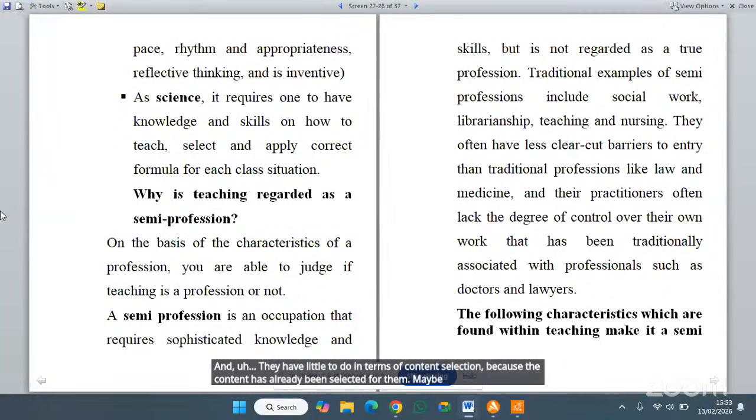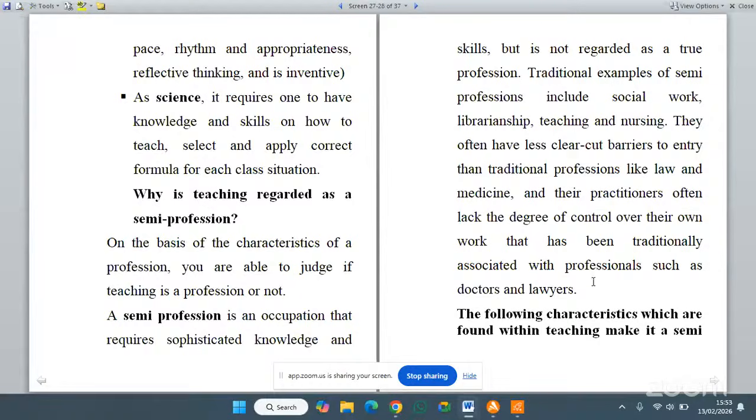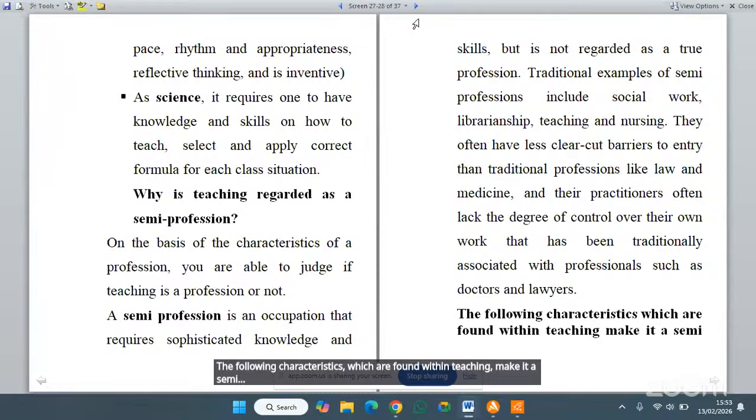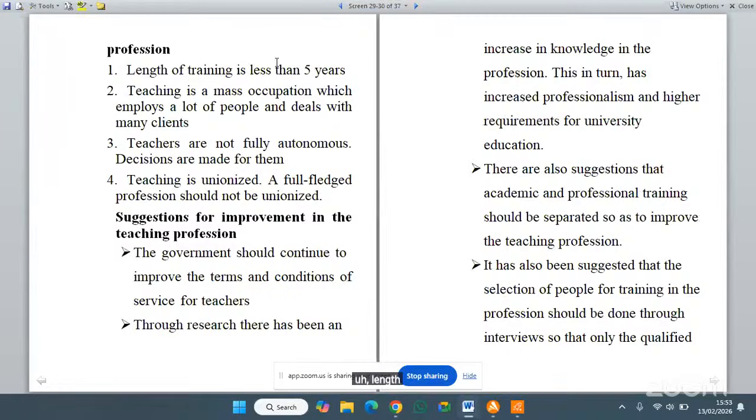Maybe they can only choose which method to apply to teach. The following characteristics, which are found within teaching, make it a semi-profession. Length of training is less than 5 years.